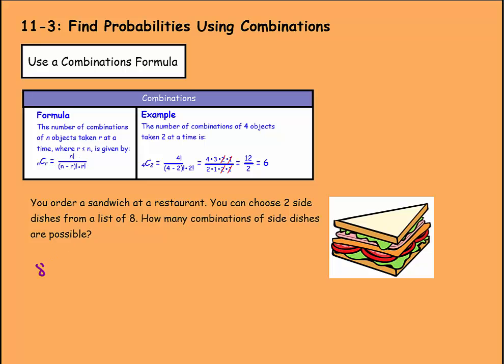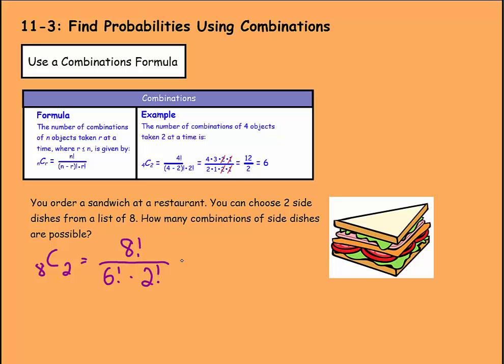We would have 8 combination 2, and that would equal the factorial of 8. So we'd say 8 factorial over 8 minus 2 factorial. That would be 6 factorial times the r factorial, which would be 2 factorial.